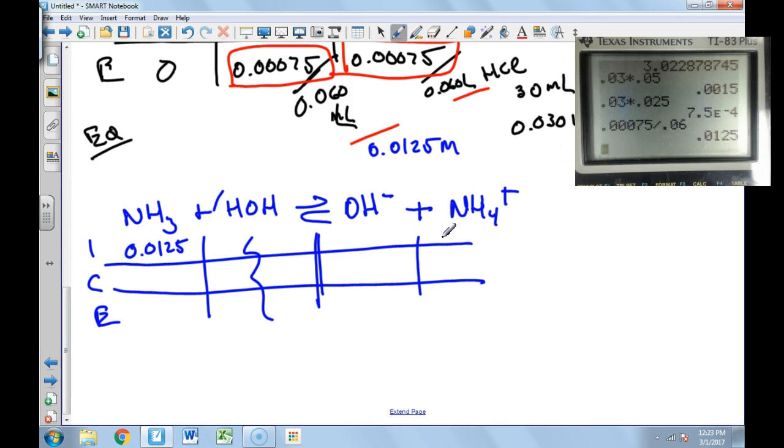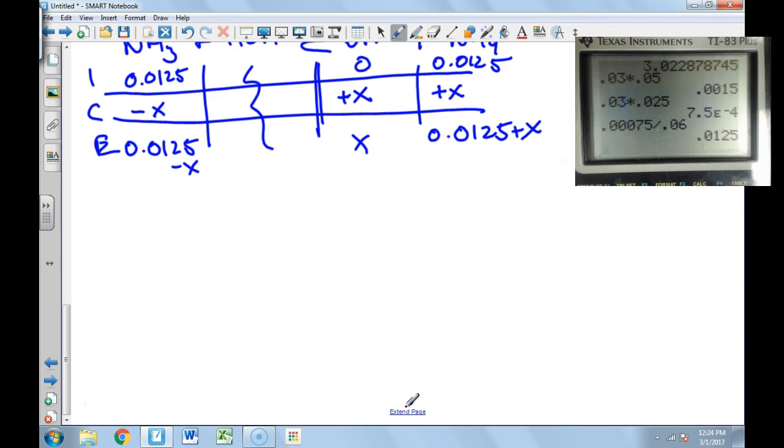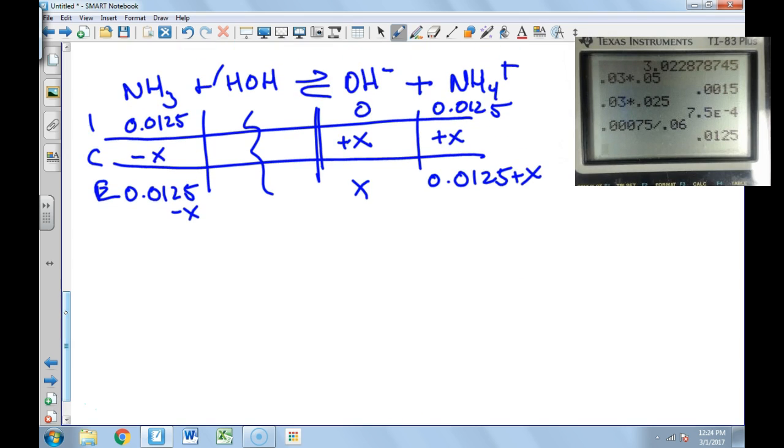This doesn't matter. The initial concentration of NH4 plus is 0.0125. So now we do minus x, we do plus x, we do 0, we do plus x, and then 0.0125 minus x, x, 0.0125 plus x.